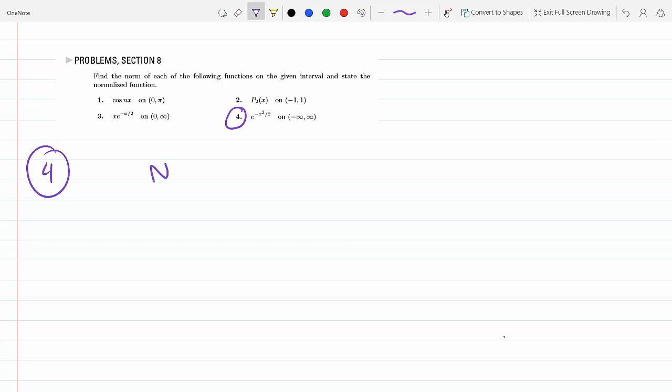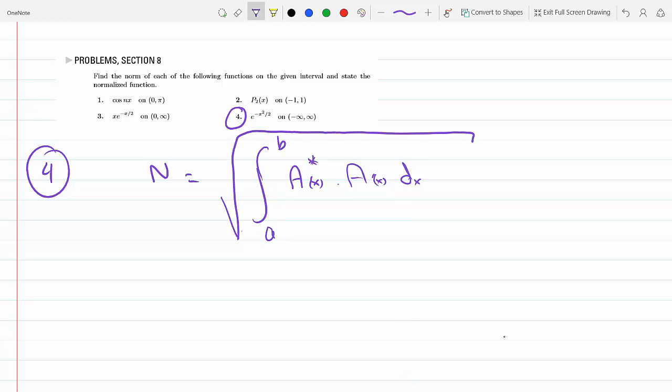So we know that the norm is just the integral of, generally speaking, a of x complex conjugate times a of x dx, and then we take the square from a to b, and then we take the square root of that.